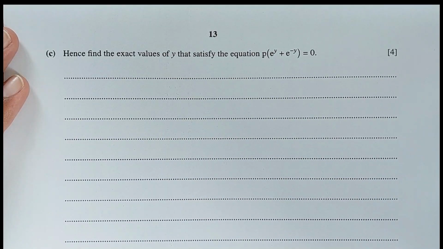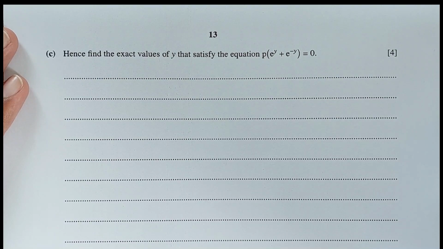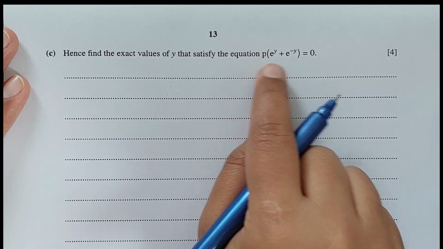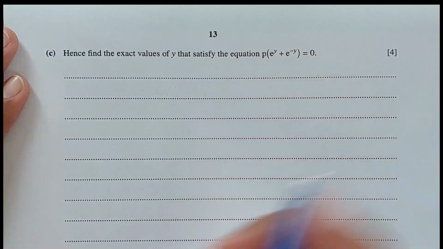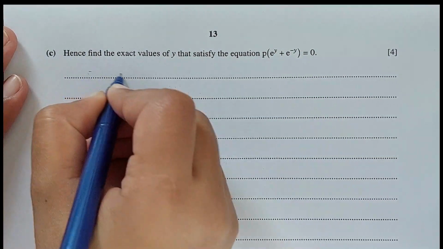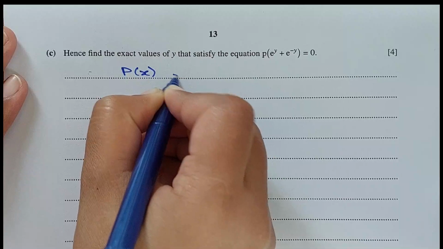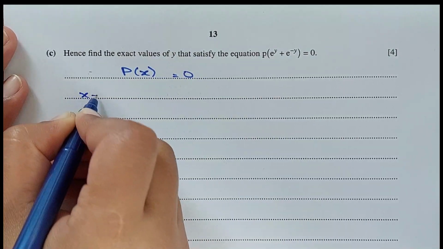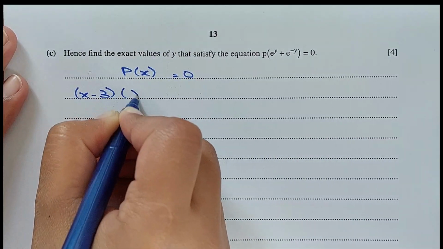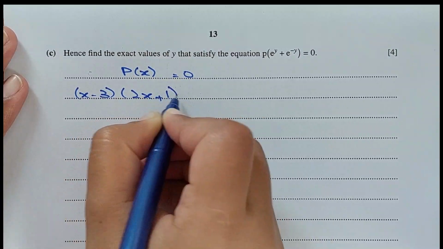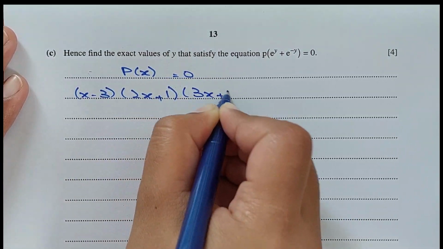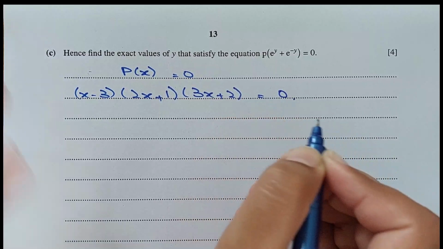Now for part C, hence find the exact values of y that satisfies the equation p of e power y plus e power minus y equals to 0. So we have given p of x equals to 0. So p of x is x minus 3, 2x plus 1, and 3x plus 2. This is equals to 0, right?